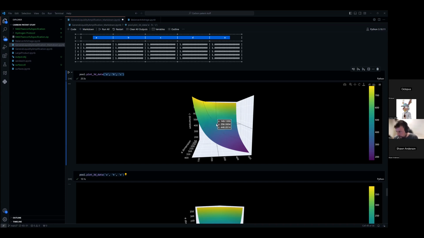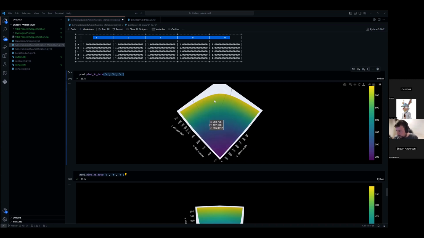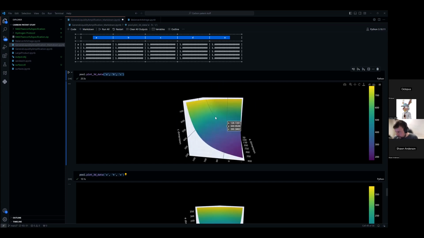But it's important to remember that every time we're looking at one of these bonding surfaces, this is still just a 3-dimensional slice of a hyper object.